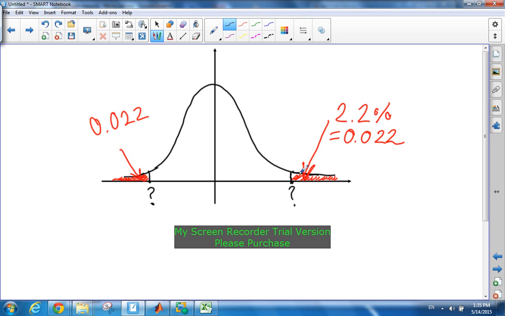And since we have too high being 2.2% and too low being 2.2%, because of the symmetry of these areas and the symmetry of the curve, these two question marks should be replaced by some numbers which are opposite of each other. Okay, so the question is, what are these two numbers? Well, it suffices to find one of them. Once you find one, the other one is the opposite of that one. So let's find this one because it's easier.